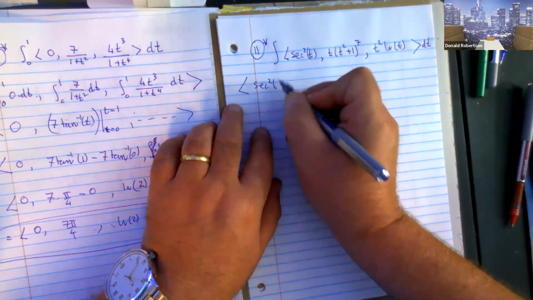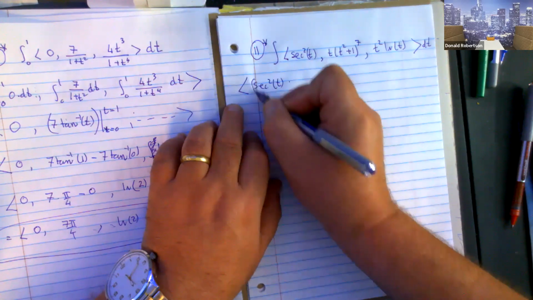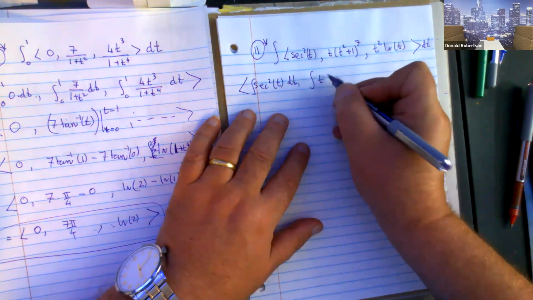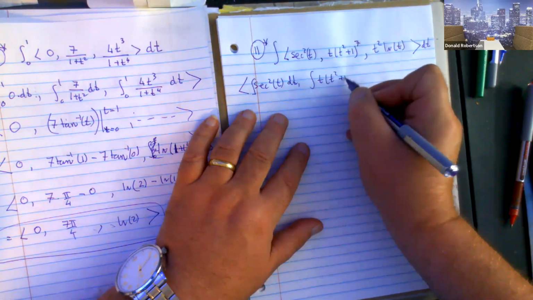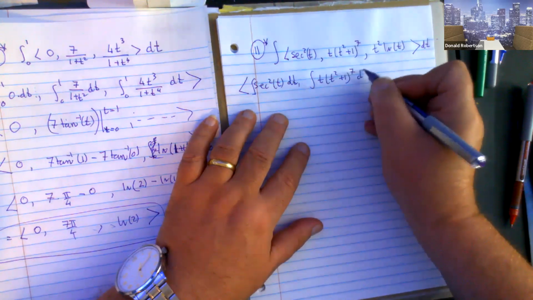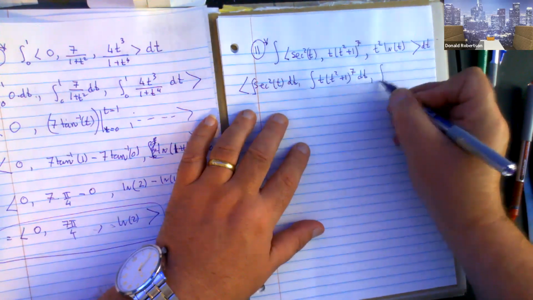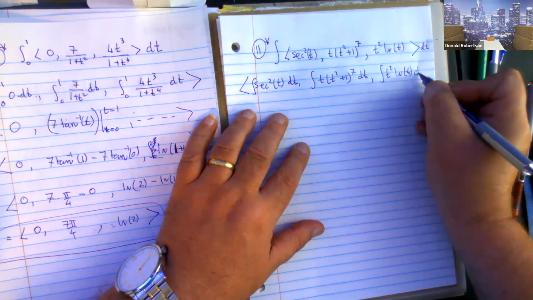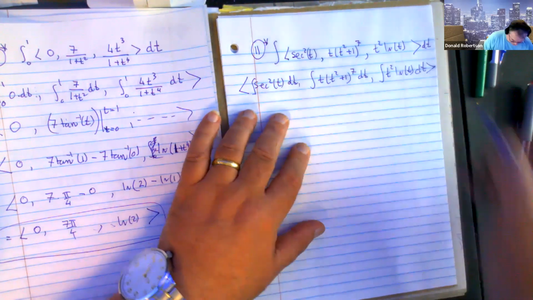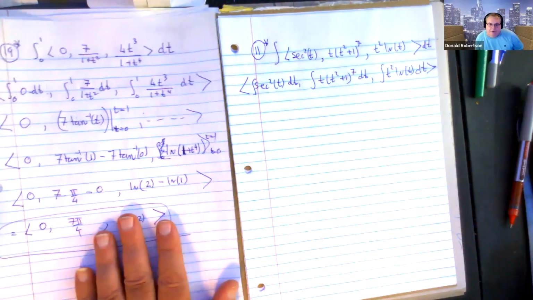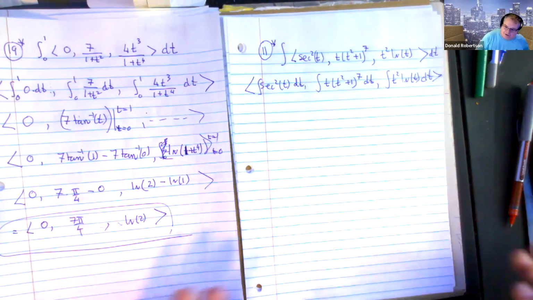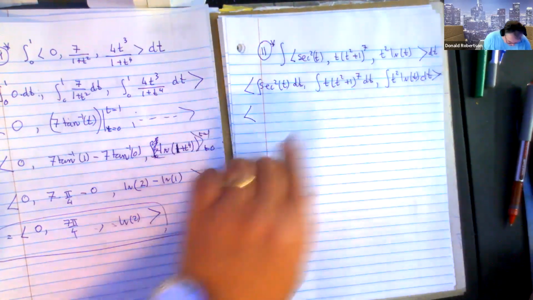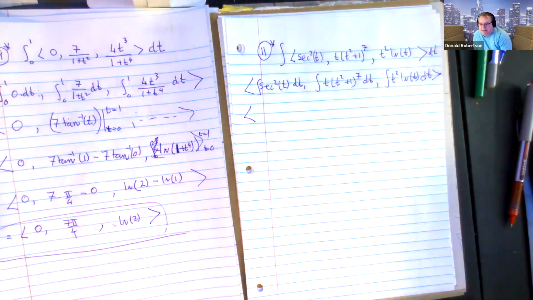I need the integral of secant squared t dt. I need the integral of (t squared plus 1) to the 7 dt. And I need the integral of t squared natural log of t dt. And each one of these guys will integrate on its own. First one is just memory.